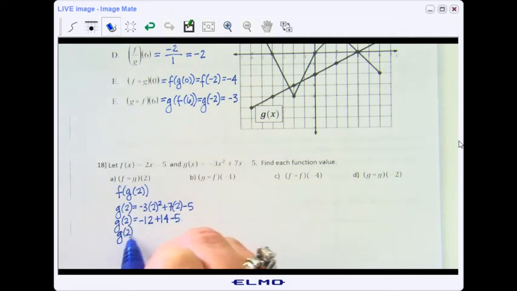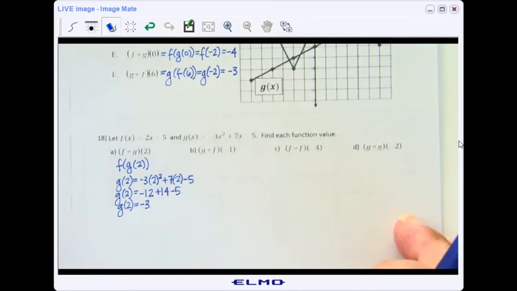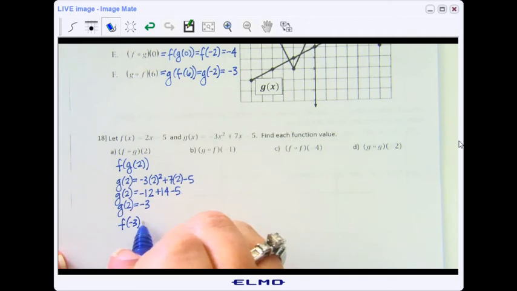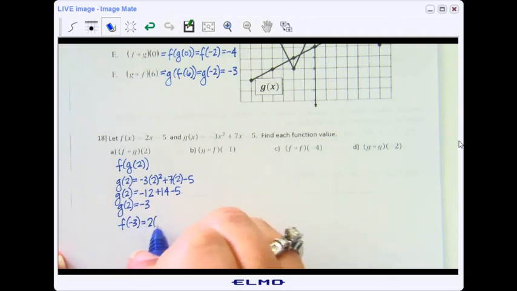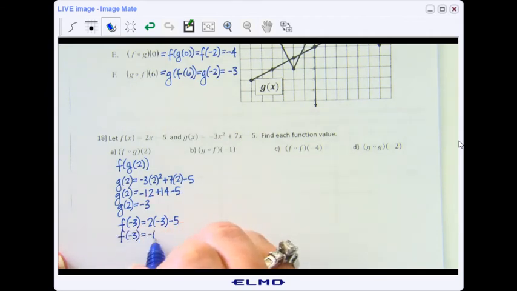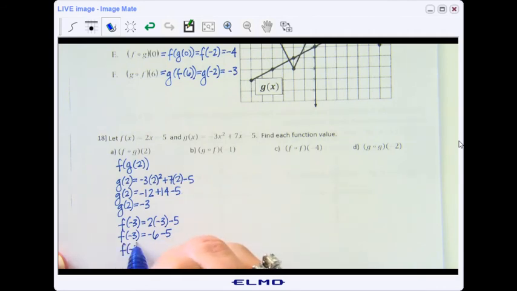G of 2 is equal to negative 3. So now I'm looking for f of negative 3. So 2 times negative 3 minus 5. F of negative 3 is negative 11.